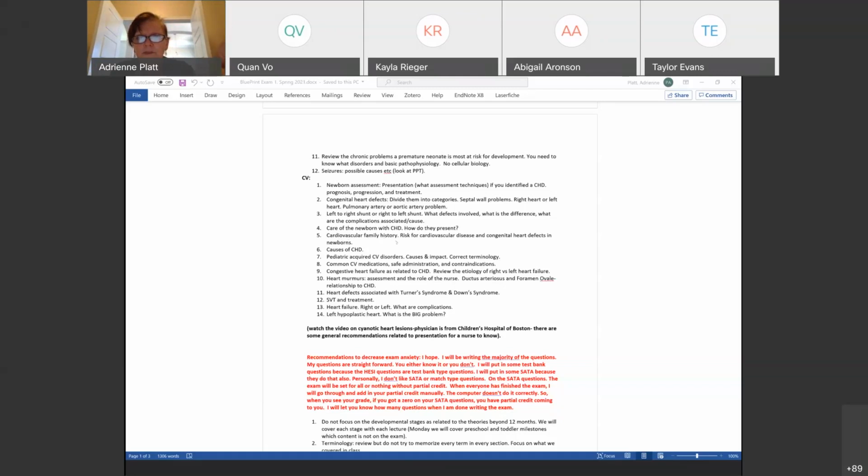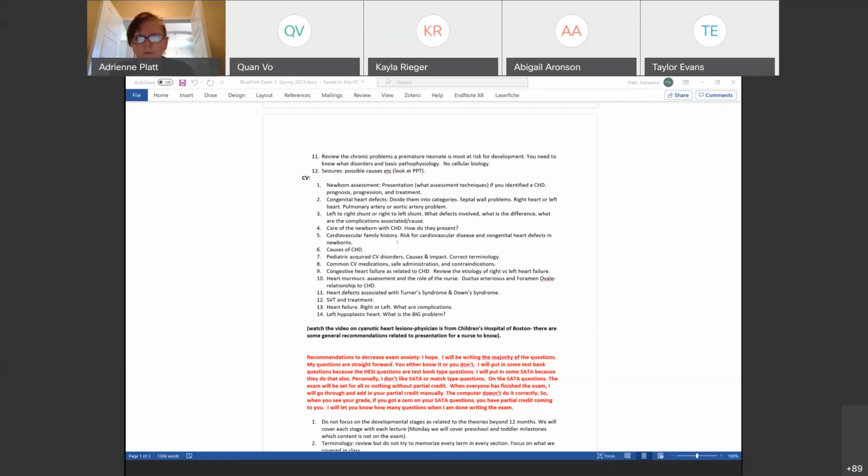Cardiovascular family history: if they have coarctation of the aorta that runs in the family, there is a higher incidence of having a baby with hypoplastic left heart. Hypoplastic left heart is a very small left ventricle that did not develop.